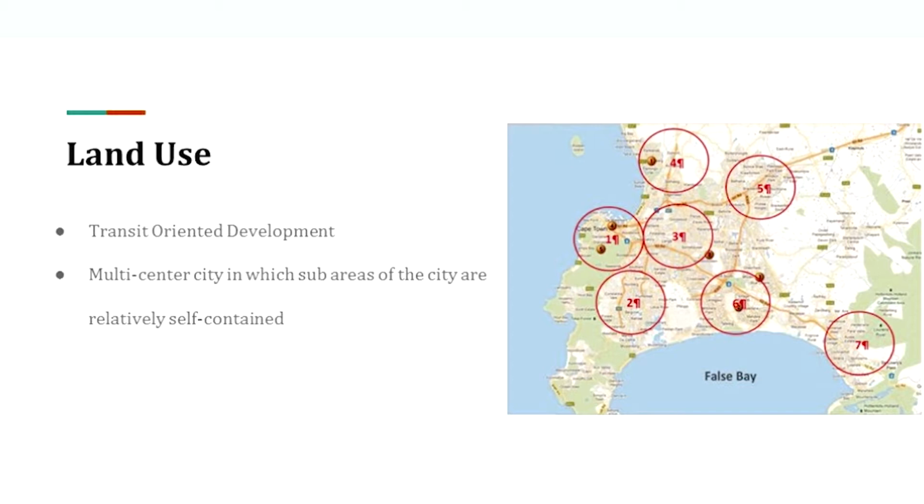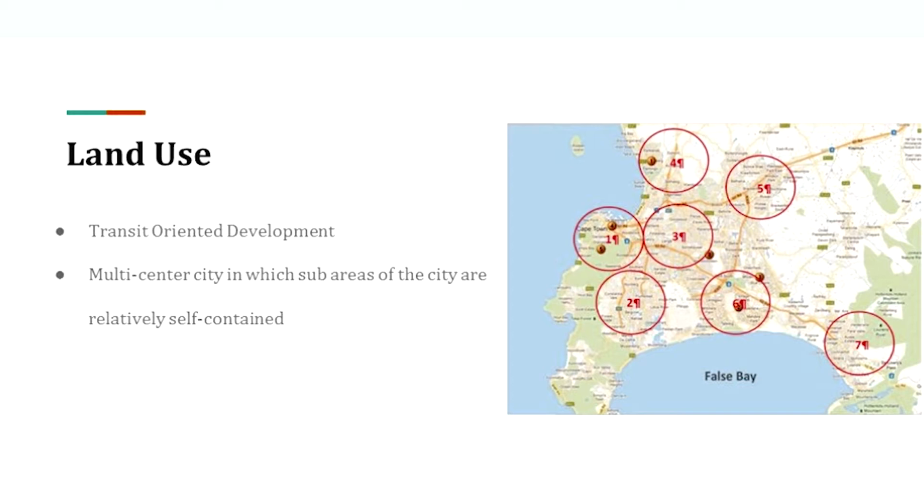But we're also trying to set up a multi-center city with sub-cities that are relatively self-contained. This is important because, first of all, it would reduce the distances for trips, and it would also encourage active transportation. But most importantly, it would help low-income populations with social inclusion.